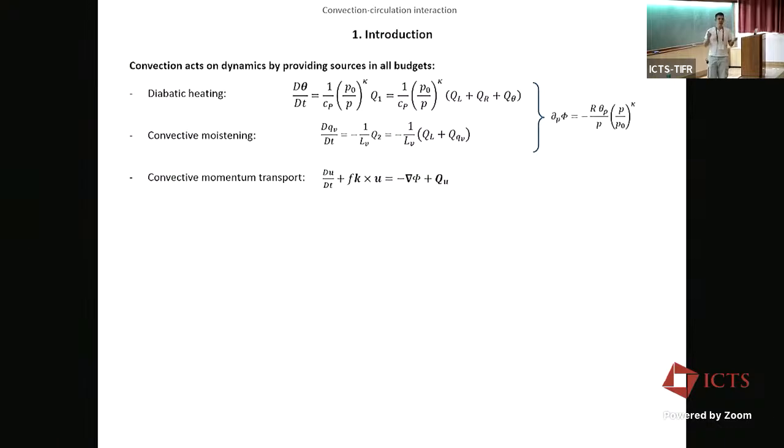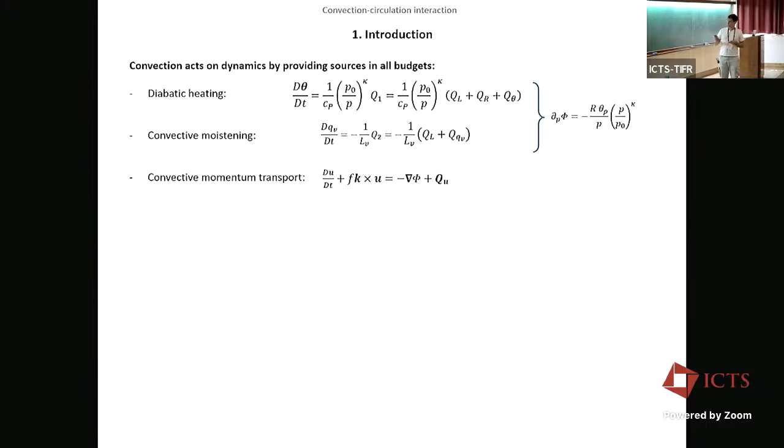Well, if we go back to the equations or the physics, where does it really appear? Where does convection appear? Where does dynamics appear? If we go back to the primitive equations that you have here, you can see that you have all those diabatic terms and all those terms in the humidity budget, and even this term here in the momentum budget, the horizontal momentum budget.